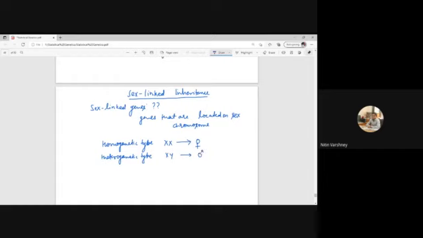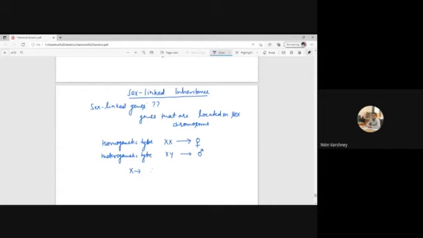So we can say that X is our sex chromosome, because if there are two sex chromosomes, then we can say this is female.